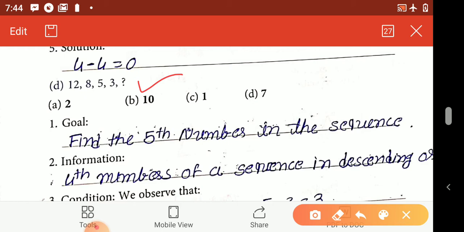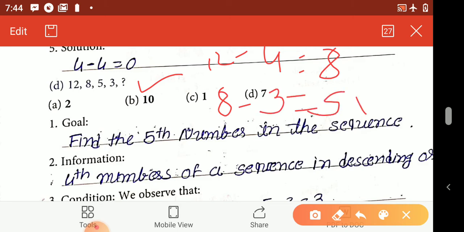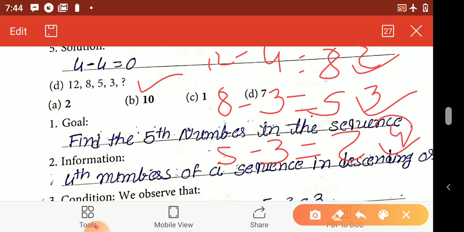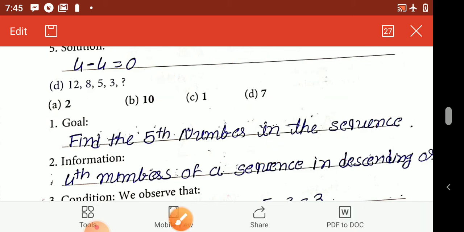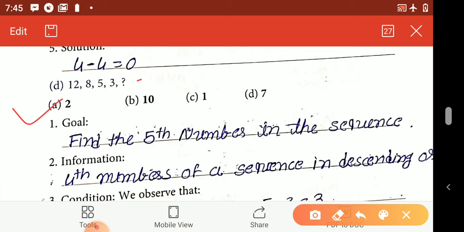So here I am doing 12 minus 4 is equal to 8. Now 8 minus 3 is equal to 5. So we get our third value. And from 5, minus 2 we get 3, which is the fourth number. Okay, so here your answer is 2.